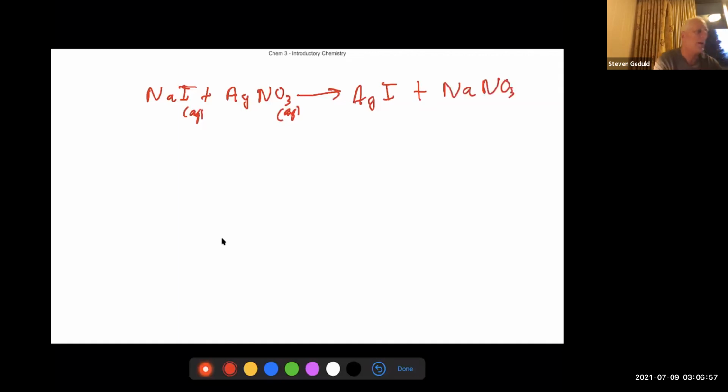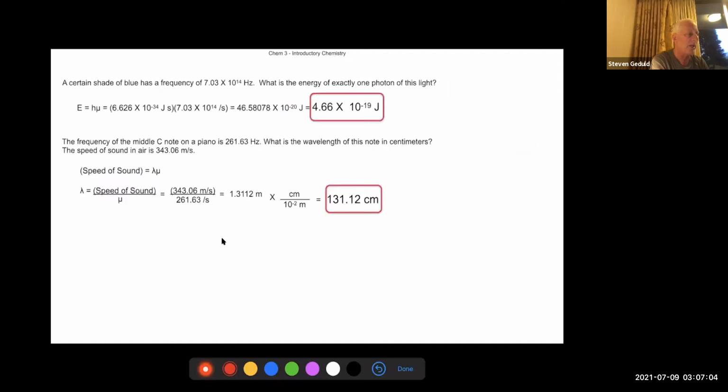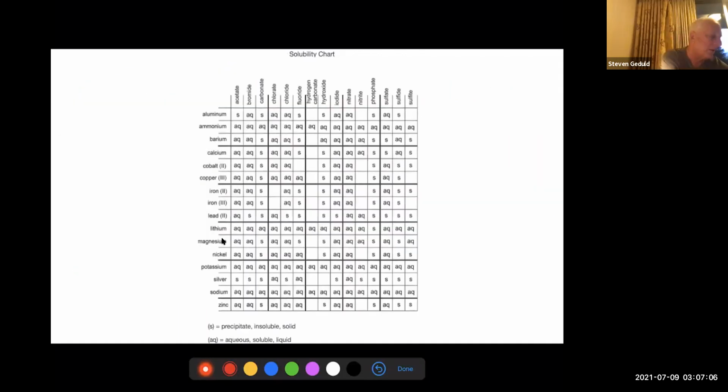Now we have to determine if those two are going to be soluble or insoluble, so go to the solubility table. Silver iodide and sodium nitrate.